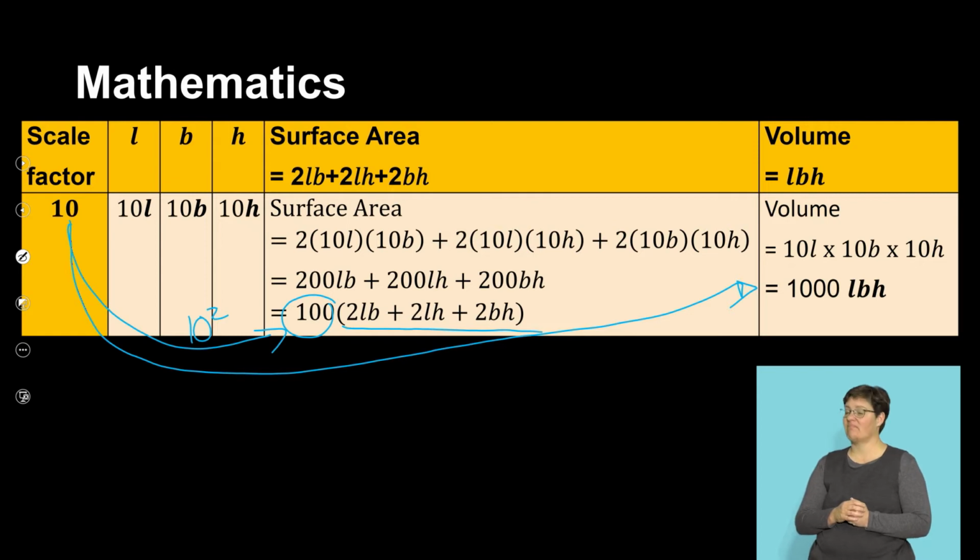We can see that 1,000 is actually 10 cubed. And if we look at this connection, the new volume is equal to the scale factor cubed times the old volume. Cool, guys?